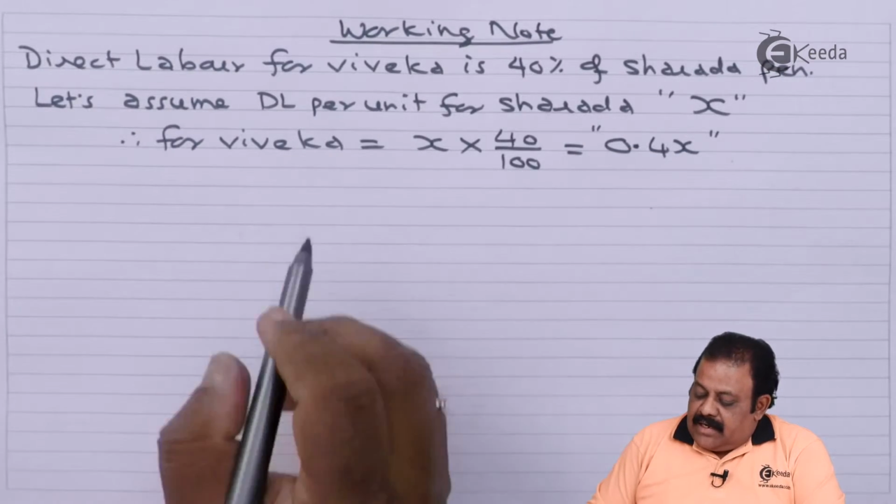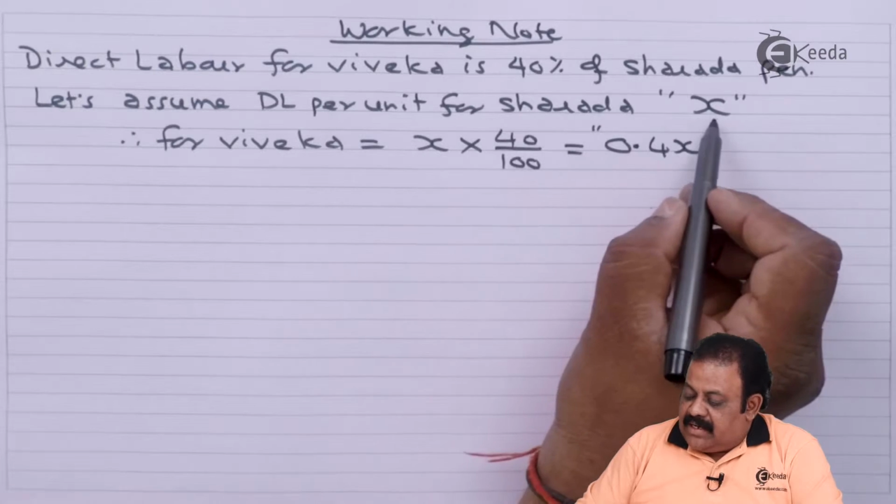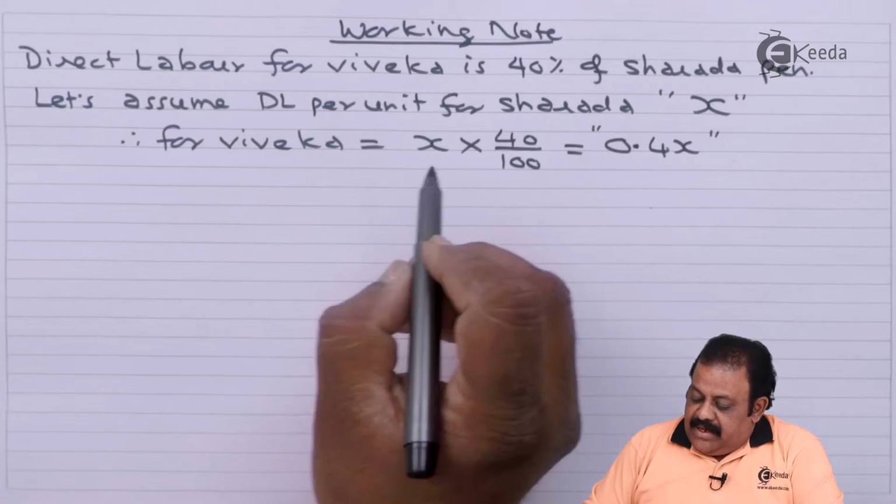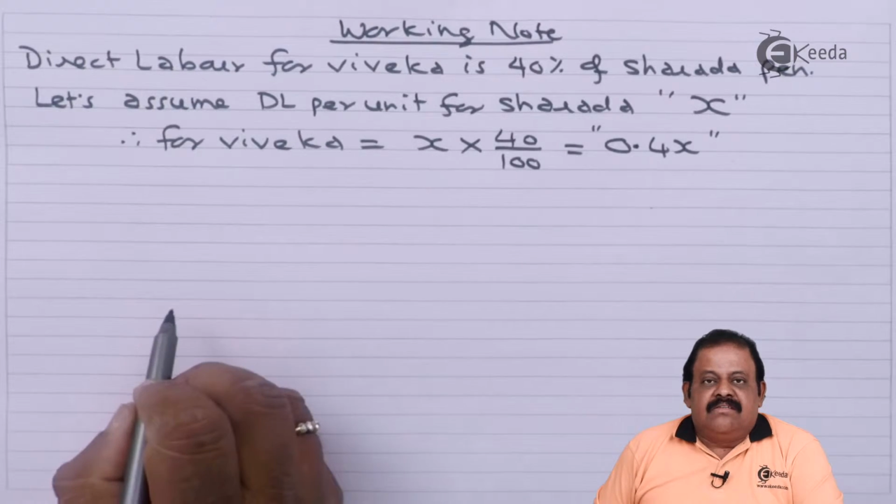Let us assume direct labor per unit for Sharda pen x. Therefore, for Viveka pen, it will be x multiplied by 40%.